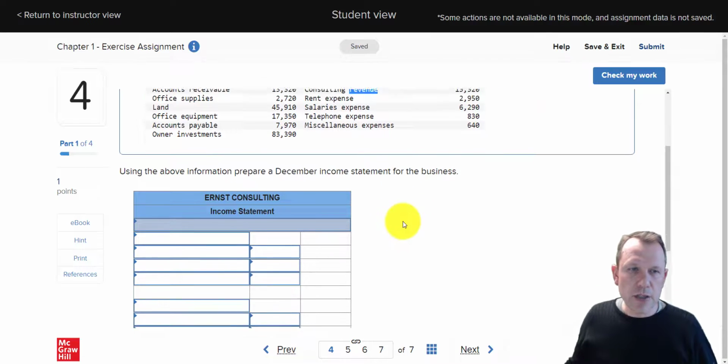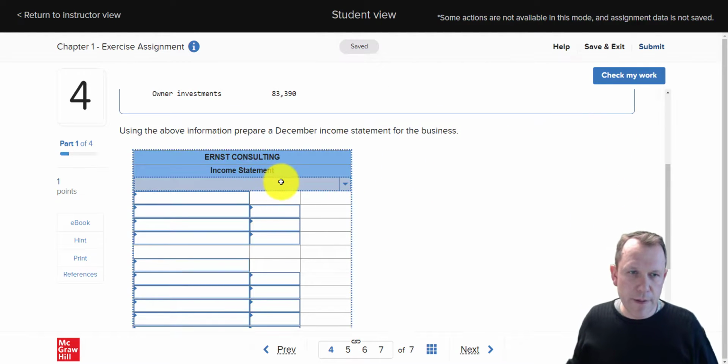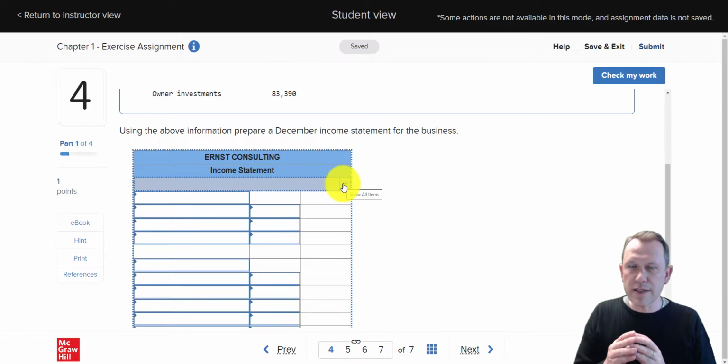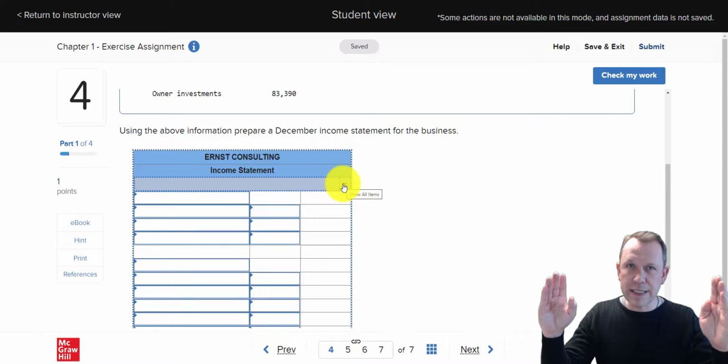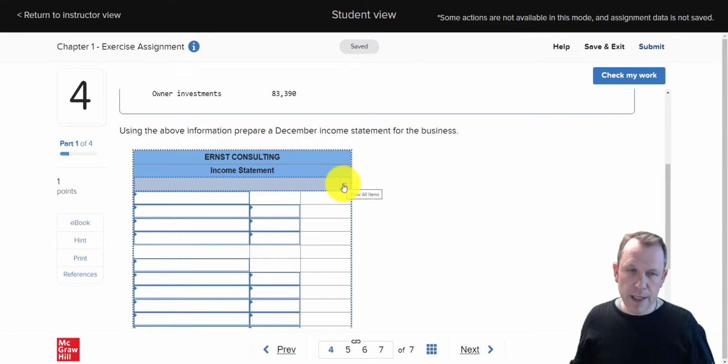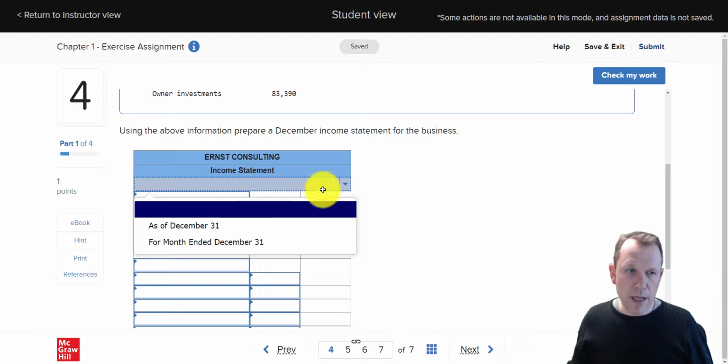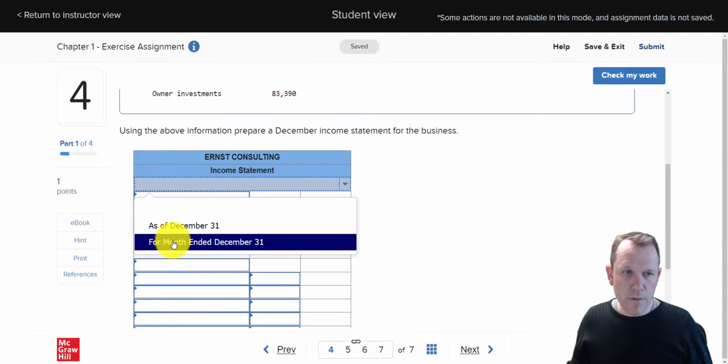Okay, so we have our income statement here. We're going to go ahead and create it. The income statement is a record of a time frame, so it's going to be for the month ended December 31st.